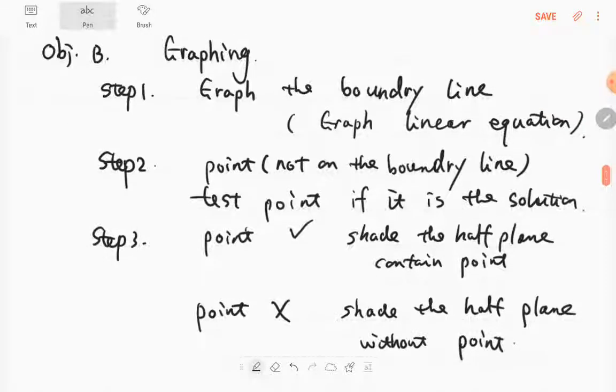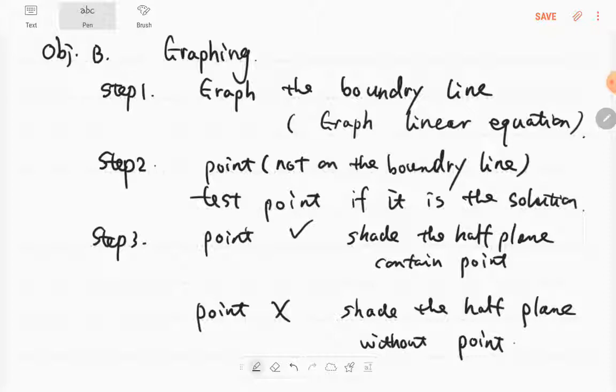Again, first step, we treat the inequality as the equation. So that is to graph the straight line. Then second step, we need to pick a point. This point can be any point, but not on the boundary line. Then we test this point to see if it's the solution for the inequality.